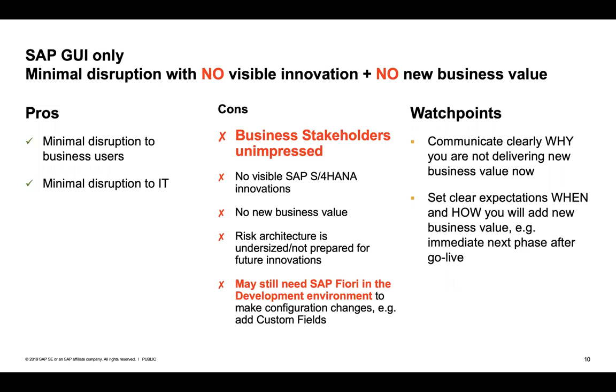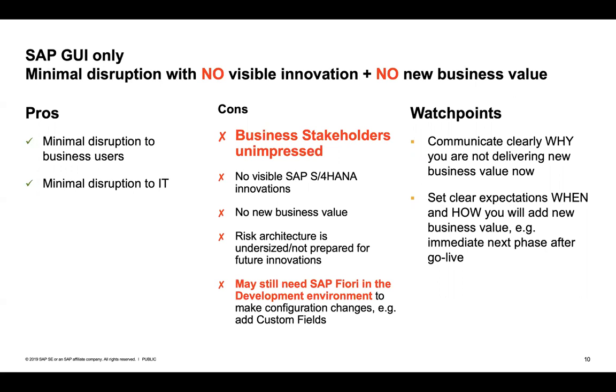Okay, so the risk with this sort of thing, while you get minimal disruption, the risk is everybody's going to be very unimpressed. They're all going to be saying, what did you spend your money on? And I know this because the very, very first customer that I shepherded in the customer care program, that was exactly their response.